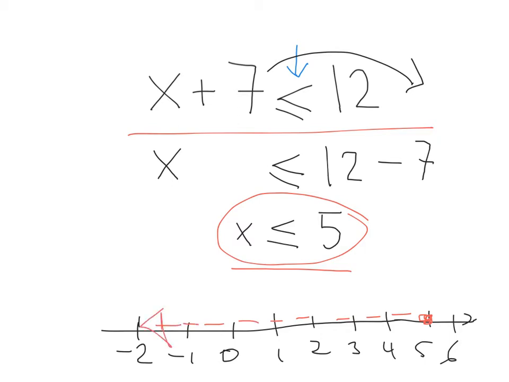So I can draw a little arrow pointing in the direction that I want to go. From 5, I want all numbers less than 5. So instead of a single solution, we have a whole range of solutions that works here. Let's look at the next example.